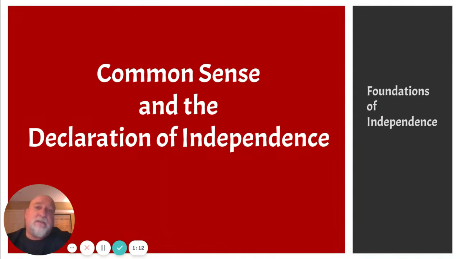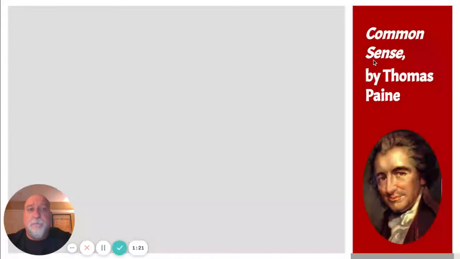And so here in this second half of Section 5, we're looking at foundation documents of American independence. And really it starts with Common Sense, which is the title of a pamphlet or a booklet, if you will, written by Thomas Paine. Now, Paine was an Englishman. He had come from England, and he was very much into this revolutionary spirit.